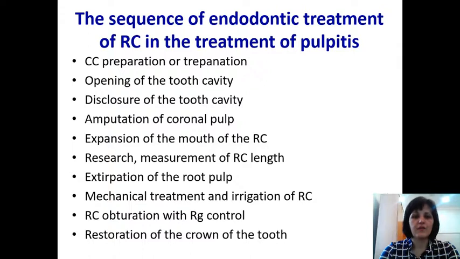Next, removing of coronal pulp or amputation. Next, expansion of the mouth of the root canals. Further, we have to research and measure the root canal length using different techniques and methods. And next, extirpation of the root pulp, or removal of the root pulp.